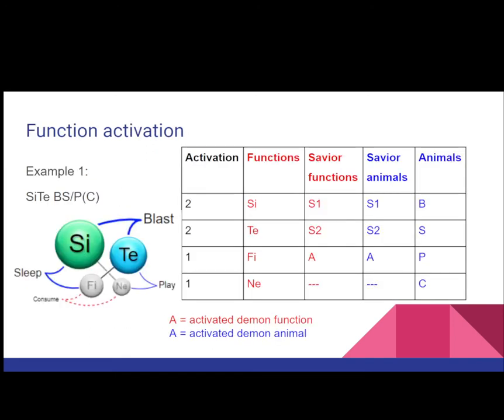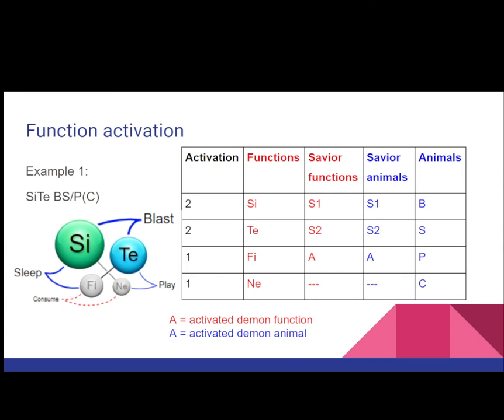Okay, so now let's look at how the animal stacking affects the activation of the functions. Let's start with somebody who has SI TE savior functions, so just a standard version of ISTJ, with an animal stacking of blast, sleep, play, consume.